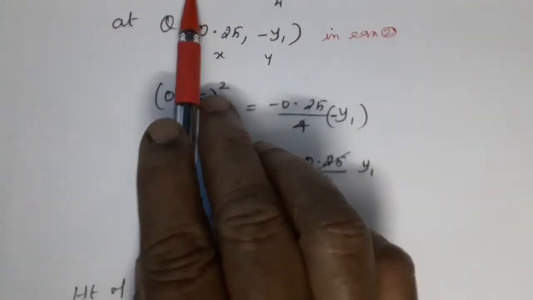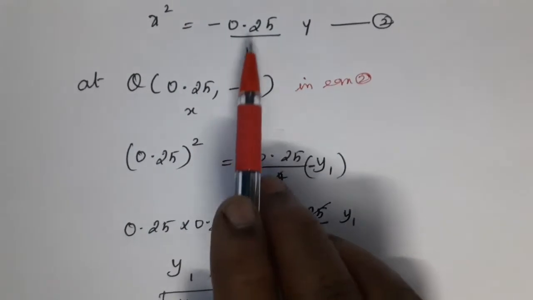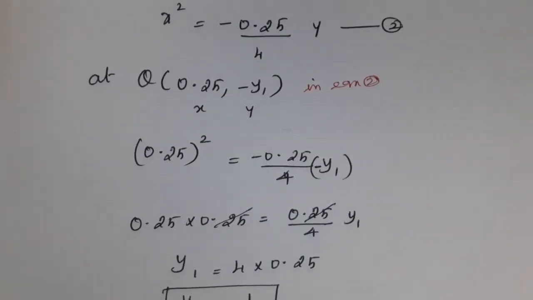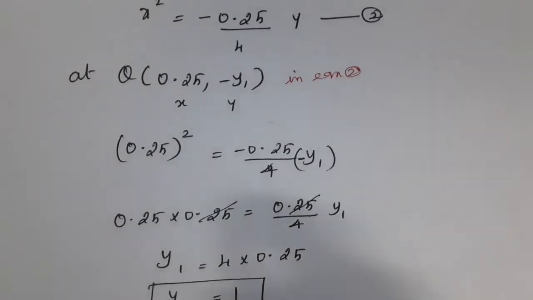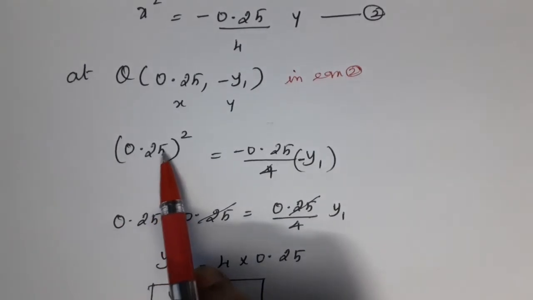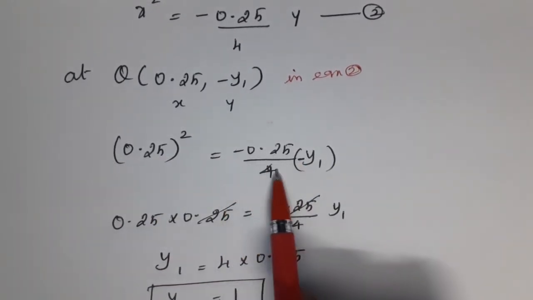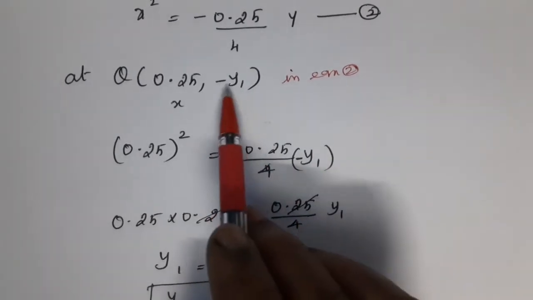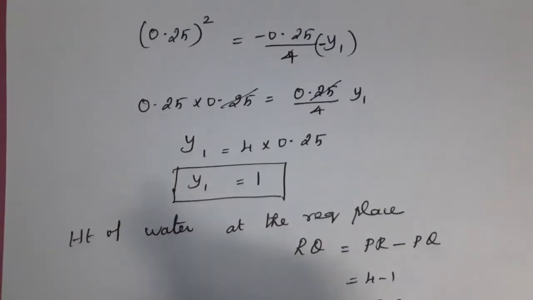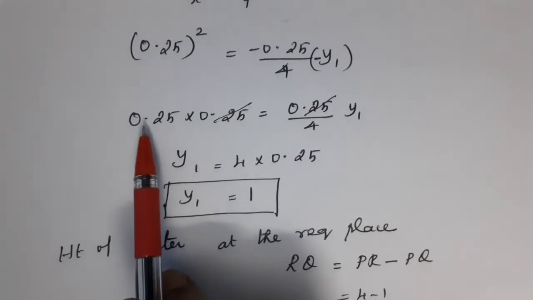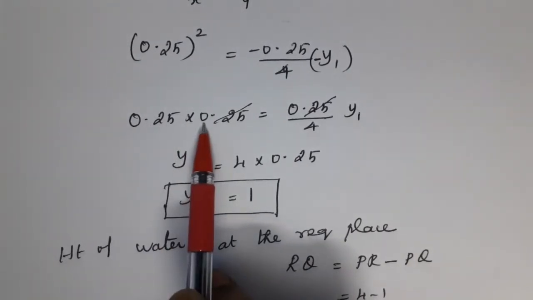See the equation x square equals minus 0.25 by 4 into y. Instead of x, we substitute 0.25, the whole square, equals minus 0.25 by 4 into, instead of y, minus y1. Now 0.25 squared is rewritten as 0.25 into 0.25.